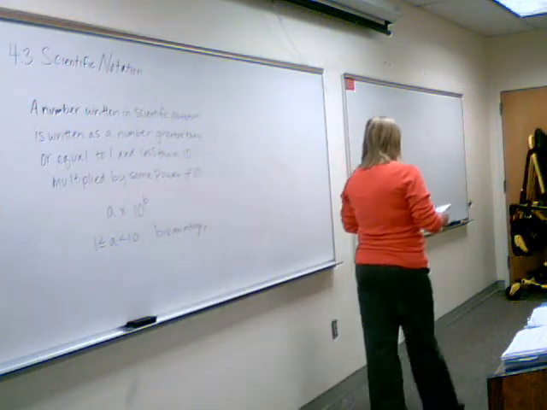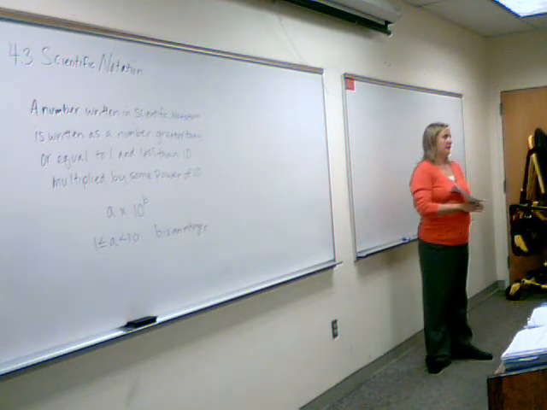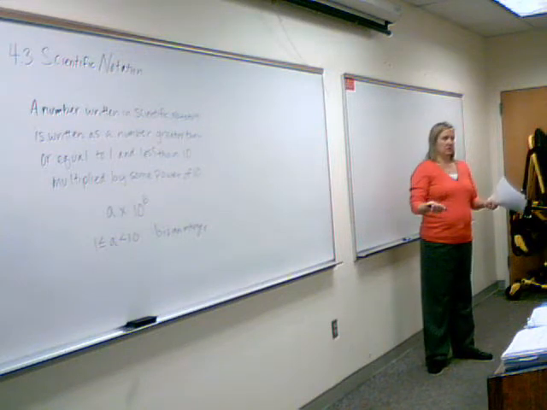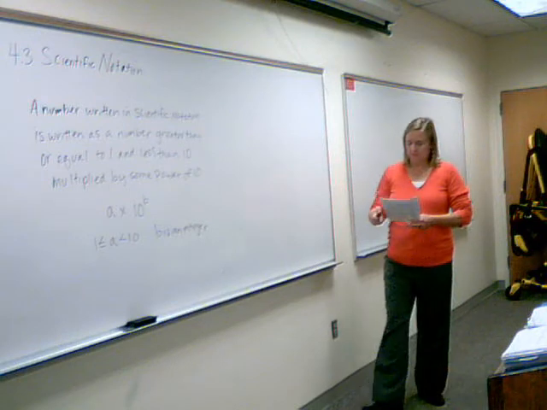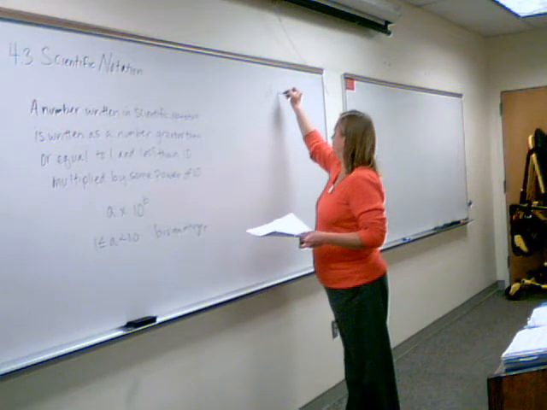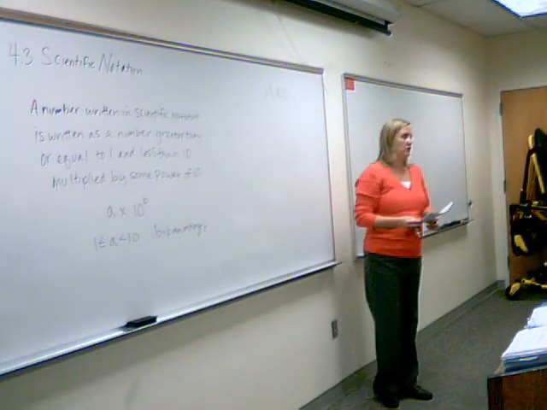It's difficult to write really large or really small numbers, like the world's population or the distance from the Earth to the Sun. So we use scientific notation a lot to describe really big or really small numbers. This isn't a really big number, but just an example: 68,400.